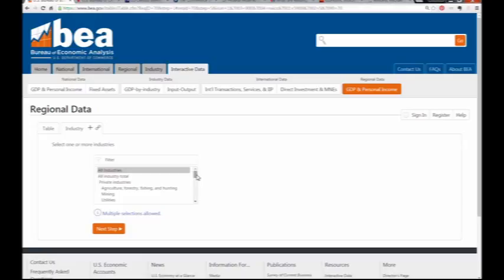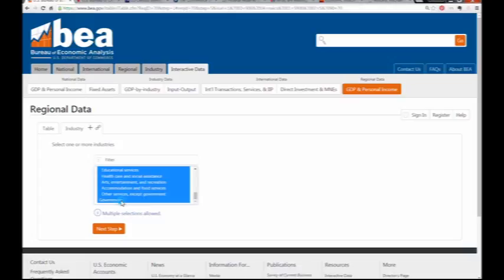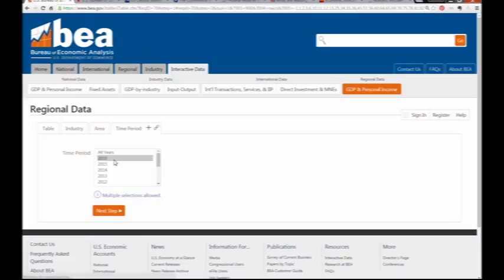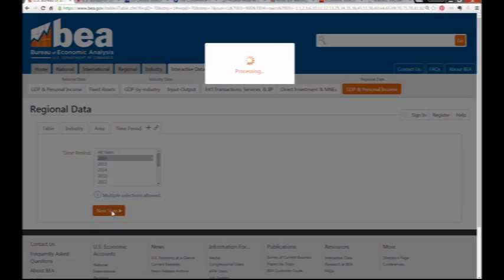When it comes to looking at GDP by state, they do the same thing as at the national level, but when we look at it by state, we look at it by industry. So I am going to go ahead and select all, and scroll all the way down. We're going to pick North Carolina because that's the state we're in. I just want to show 2016 because we're showing it quarterly.